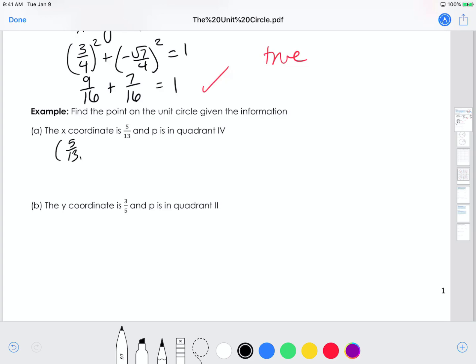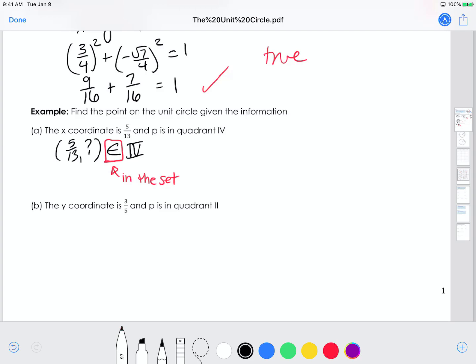So for this one, we're given the x coordinate, and we know it's in quadrant 4. This symbol here, you'll see me use it occasionally. That means "in the set." It just is a mathematical symbol for saying that that point is in quadrant 4.